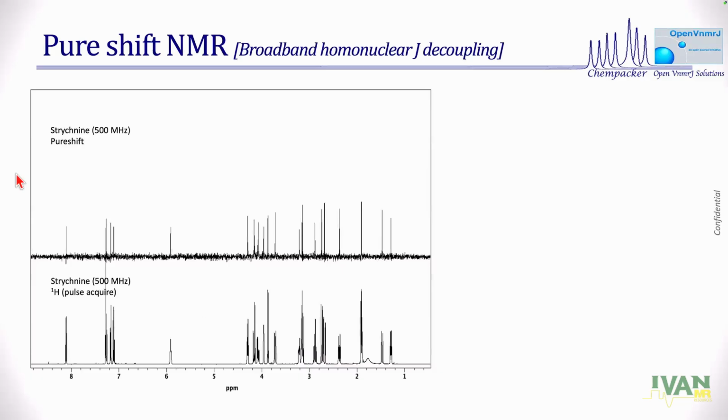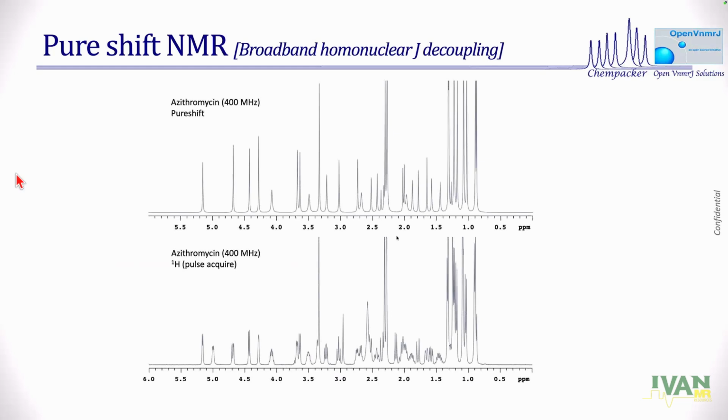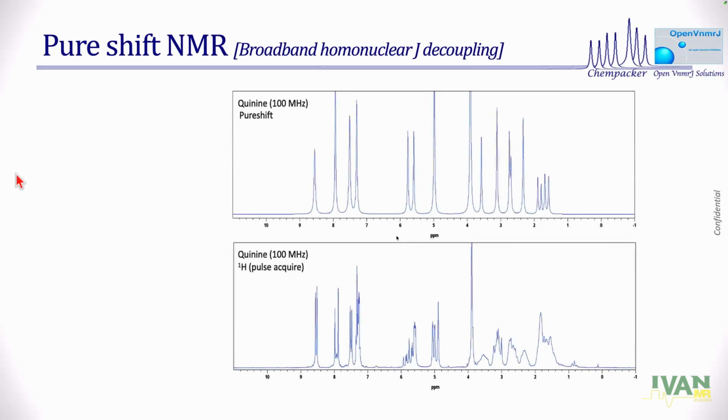You can see that this is a strychnine spectrum, and the chemical shift spectrum is what we get. And this is an azithromycin spectrum, and that's a quinine spectrum on a benchtop. I want to leave this particular spectrum on the screen to show that J coupling is more often, particularly at low field, an annoying feature than useful.